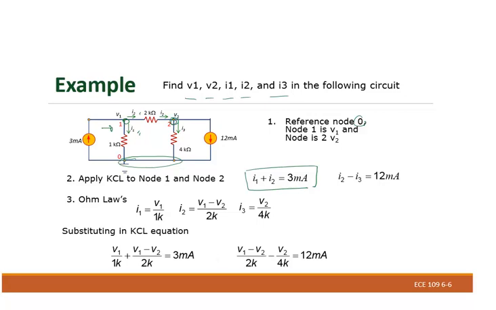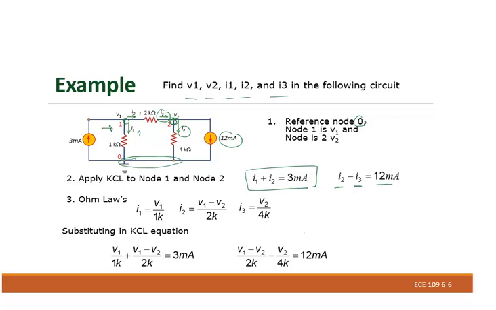At node 2, I2 is going in, I3 is going out, and 12 milliamperes is also going out. So I2 minus I3 equals 12.